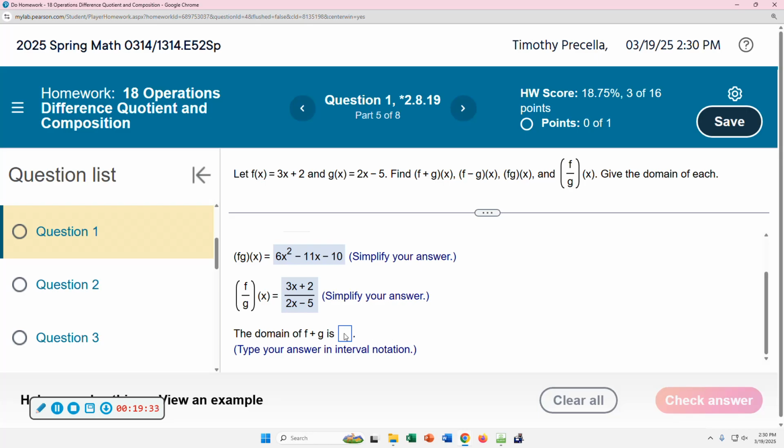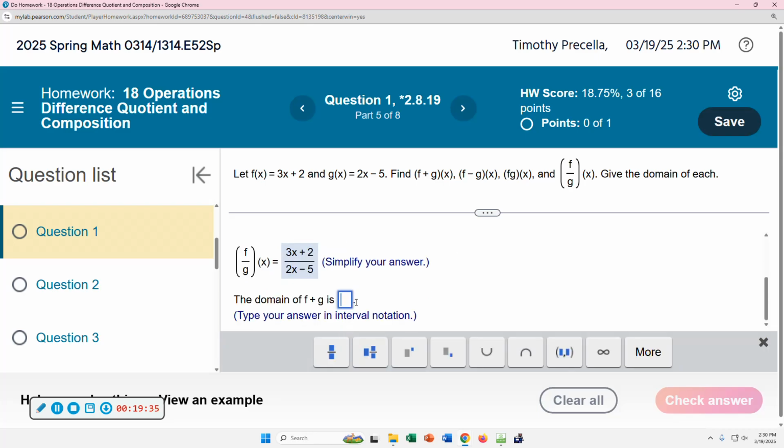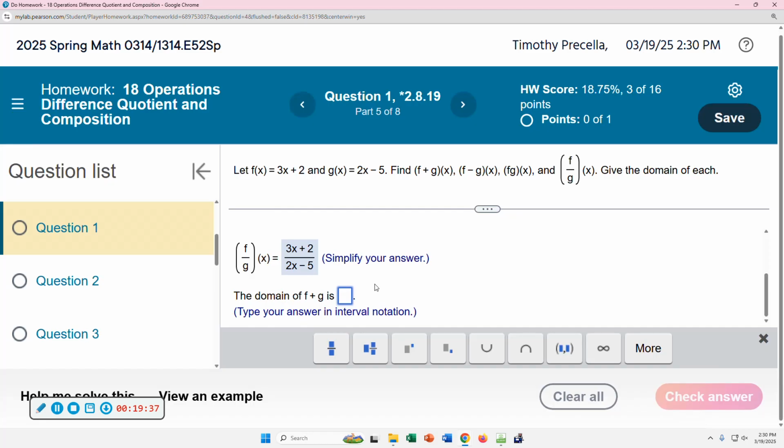And years ago when I was speaking at a Pearson thing, I told them, y'all should make a little hot button that's just parentheses, negative infinity, comma, infinity. And they thought I was crazy. No, copy it. Do it like that.